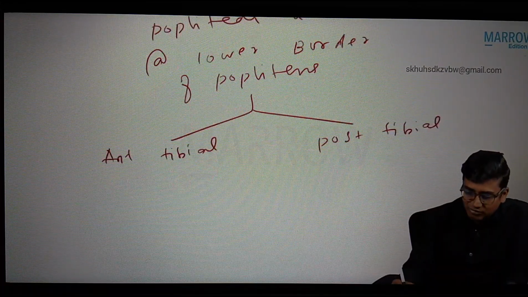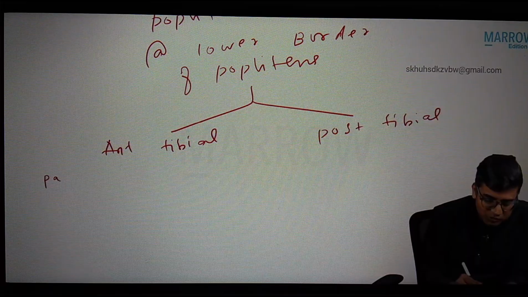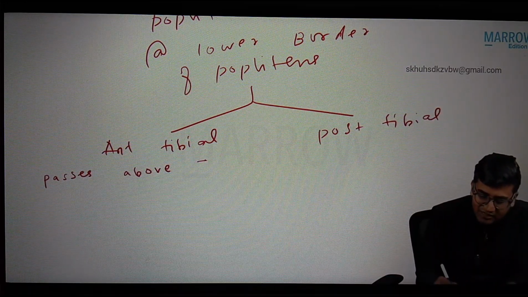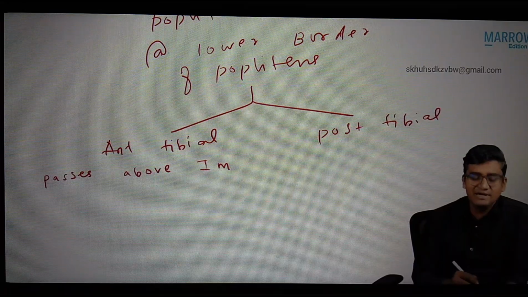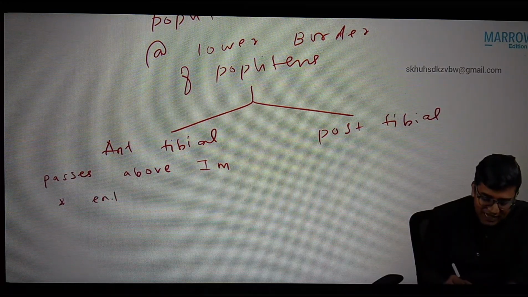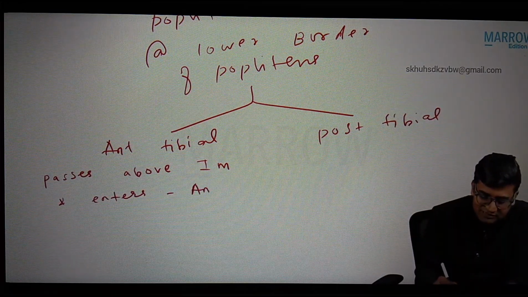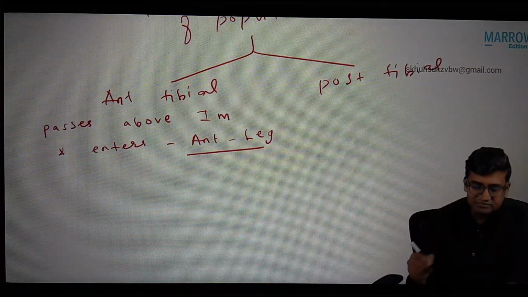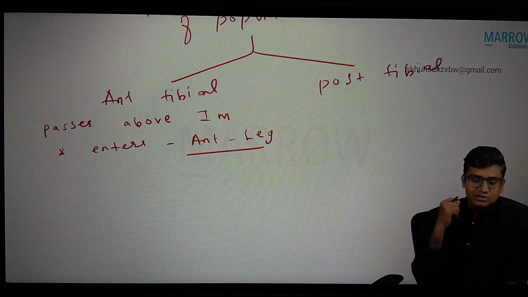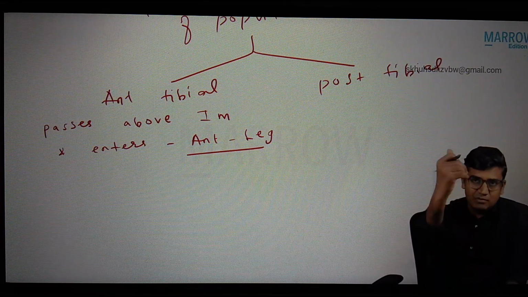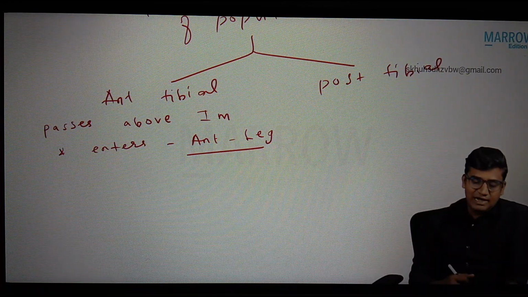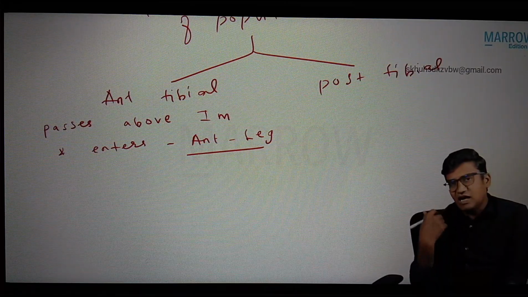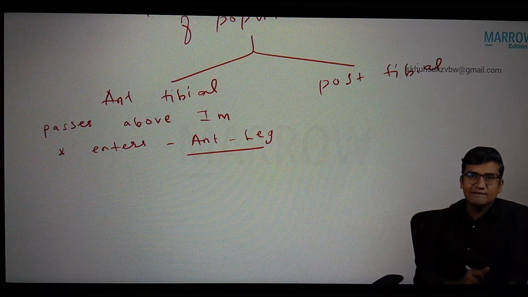Okay. Now anterior tibial artery passes above the interosseous membrane and enters the anterior compartment of leg. So anterior tibial artery, passing above the interosseous membrane, enters the anterior compartment of leg, and it is the artery for the anterior compartment of leg.